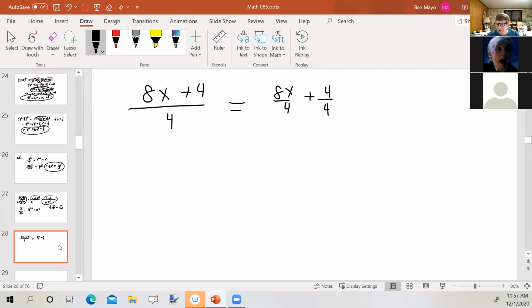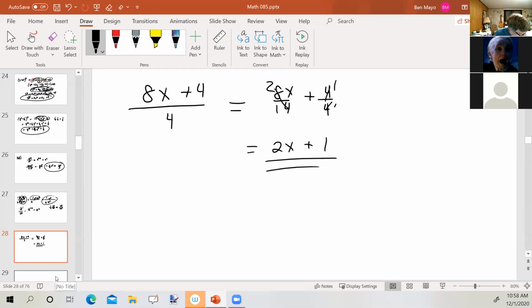I feel like I'm traveling at the speed of light here, trying to get through all of this. Again, if you need me to slow down or you have any questions, please stop me. So now we're going to reduce each separate fraction. 8 over 4 would be 2 over 1, so we get 2x plus 1 would be our final answer.